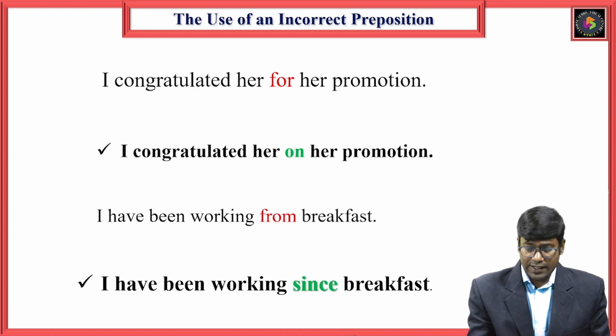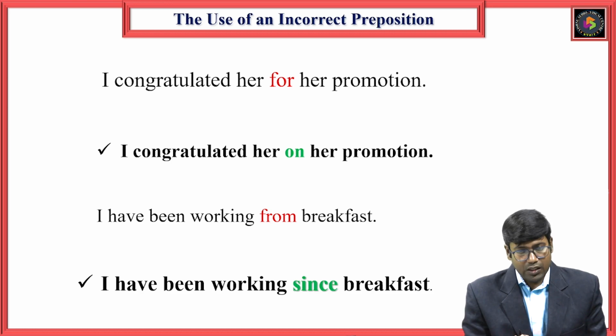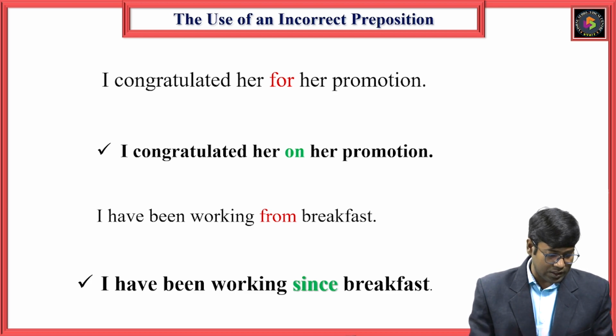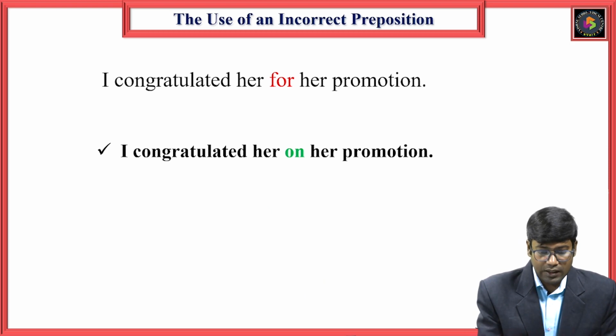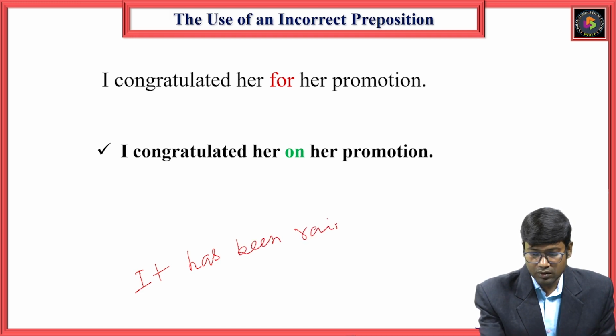Now if I write this example, I have been working from breakfast, this is incorrect. It should be I have been working since breakfast. Why since here? Now I'm writing one such example: it has been raining for 2 hours.